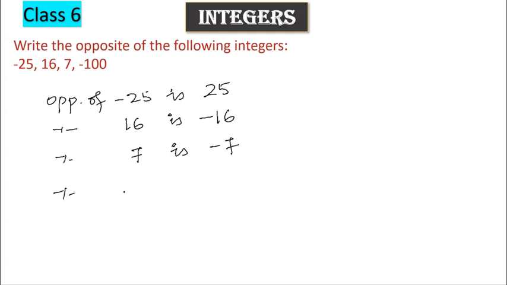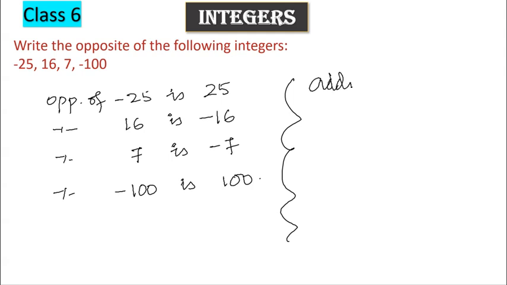The opposite of negative 100 is positive 100. In other words, I can also say that the additive inverse of minus 25 is positive 25. The additive inverse of minus 16 is positive 16. The additive inverse of positive 16 is minus 16. And so on like that.